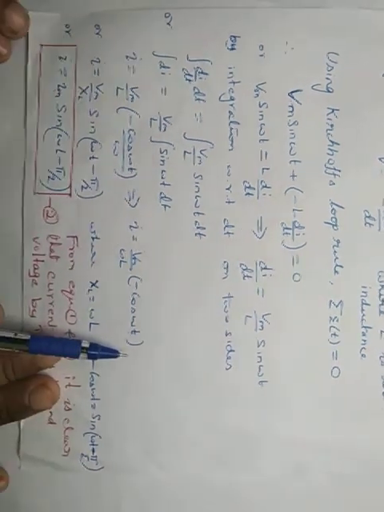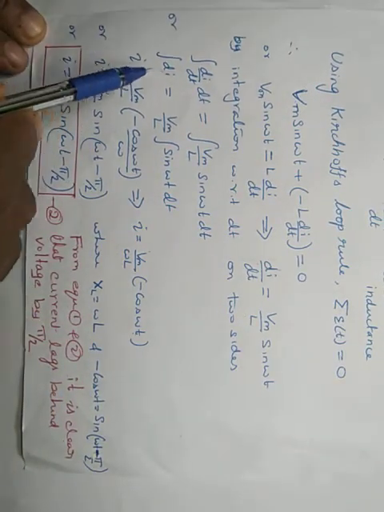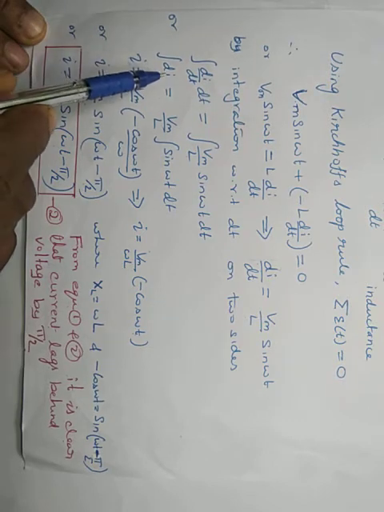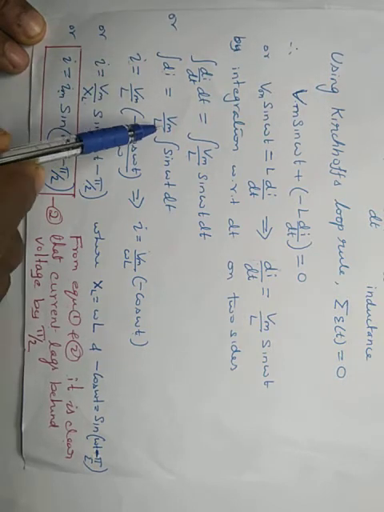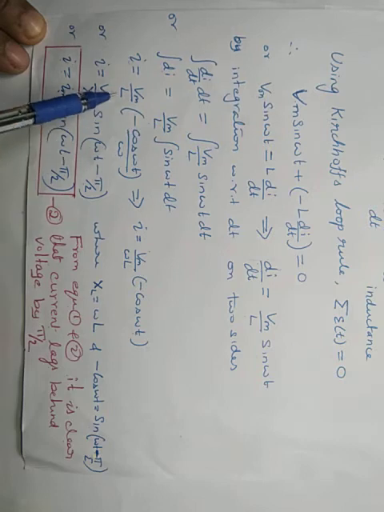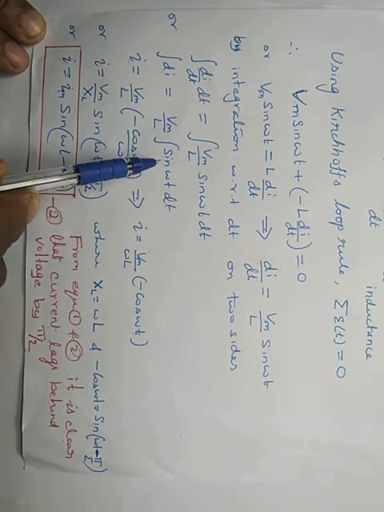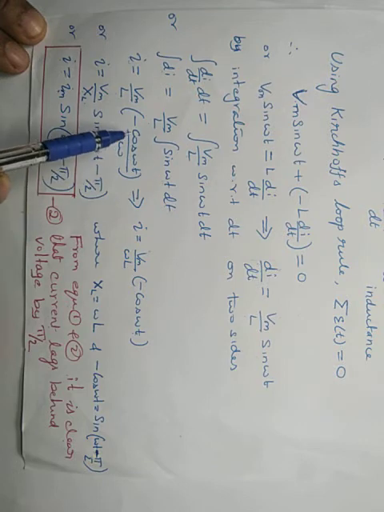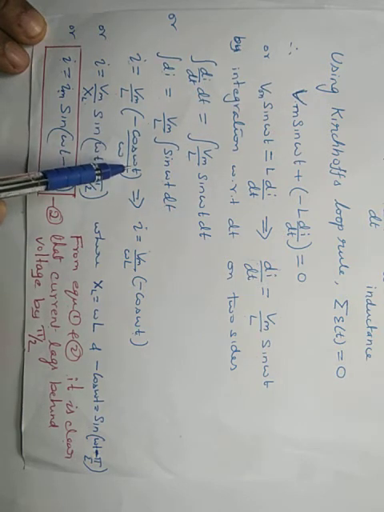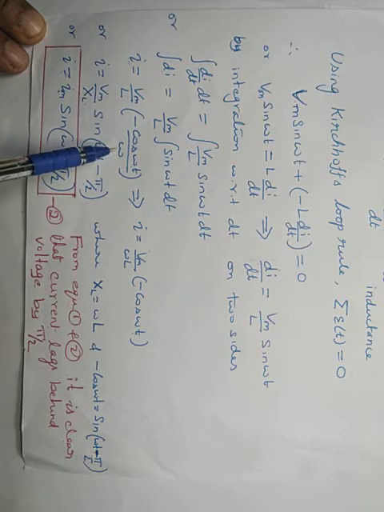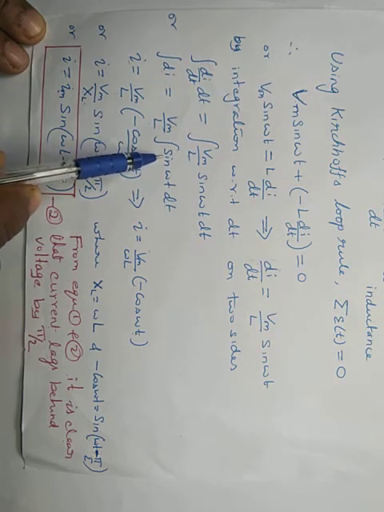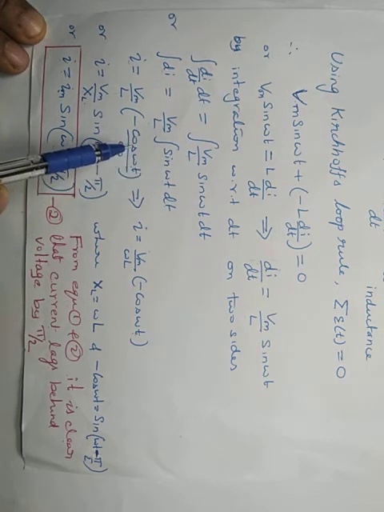Integration of di is I. Already we have taken Vm by L constant outside. Now, we have to integrate sin omega t dt. Integration of sin omega t is minus cos omega t by omega. Integration of sin is minus cos.